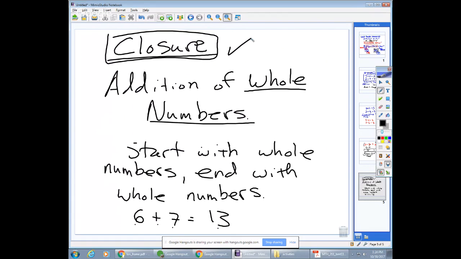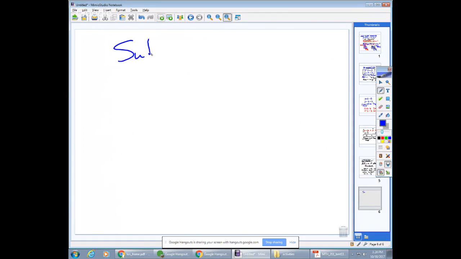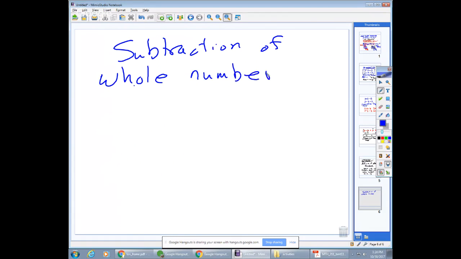So let's see if subtraction is closed. So we've got subtraction of whole numbers. Tiffany, what's your favorite whole number? 8. 8, excellent whole number.